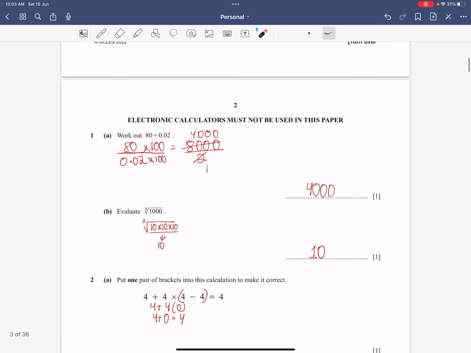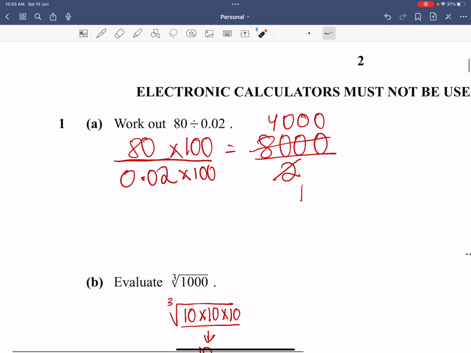So, question number 1, work out 80 divided by 0.02. So, what I did was I wrote 80 upon 0.02. Then, I wanted to convert the denominator into a whole number. So for it to be a whole number, I have to multiply it by 100, and whatever I introduce in the denominator, I have to do it in the numerator as well to cancel out the effect.